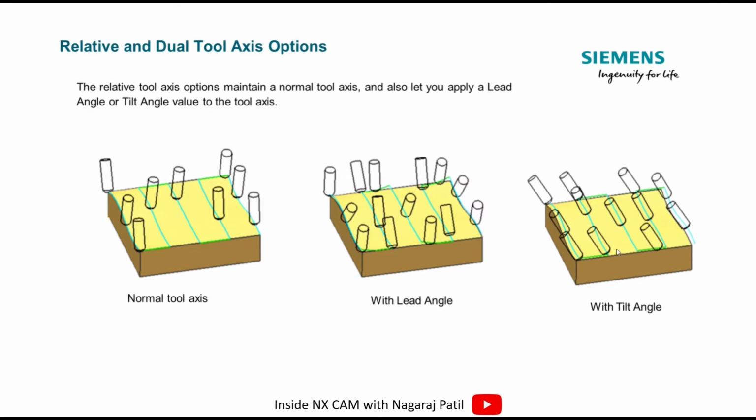The third image indicates tilt angle, which is tilting from the toolpath. So by referring to these three images, you can distinguish between lead and tilt. For better understanding, refer to the first image without any lead and tilt, the second image only for lead, and the third image with tilt.